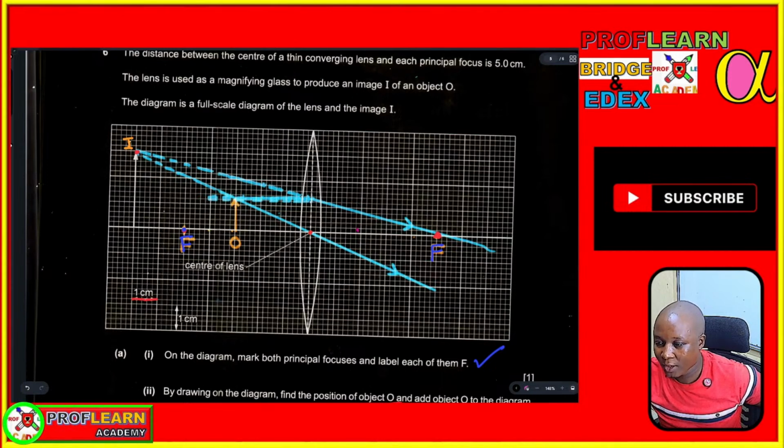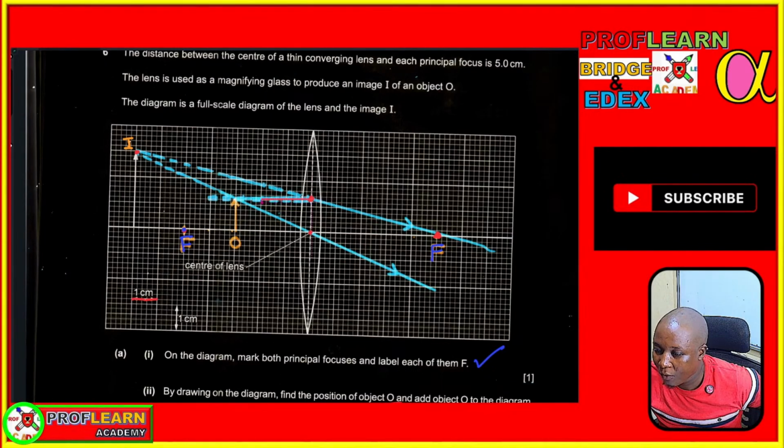Once you have that line from the image through F, where it meets the lens, at this particular point you draw a line that is parallel to the principal axis. Of course, remember this is our principal axis here.